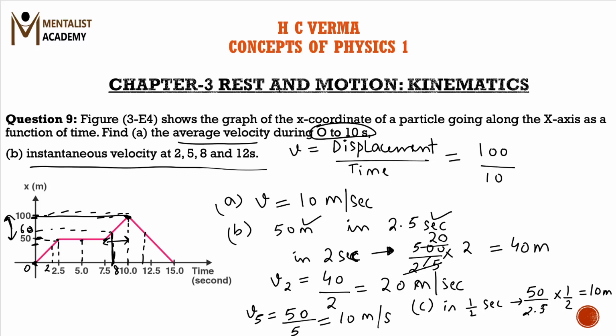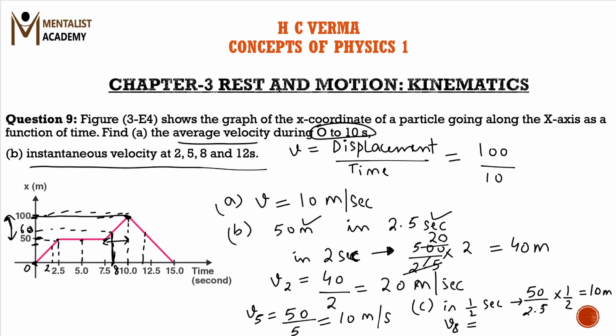So therefore, the instantaneous velocity V8 would be the slope of the graph.